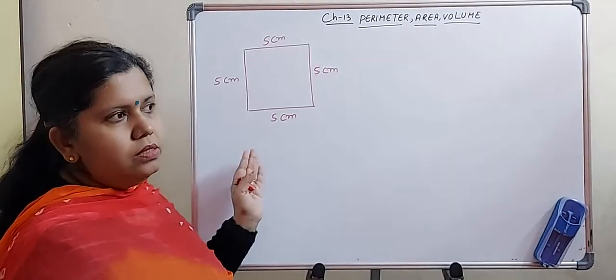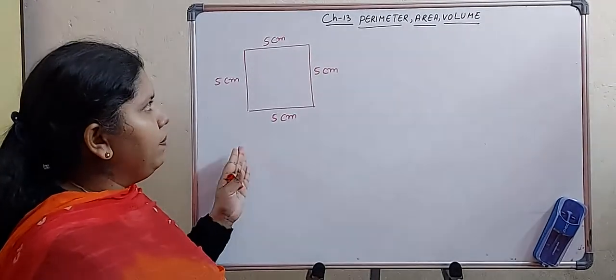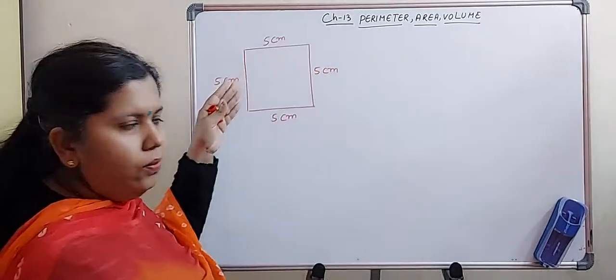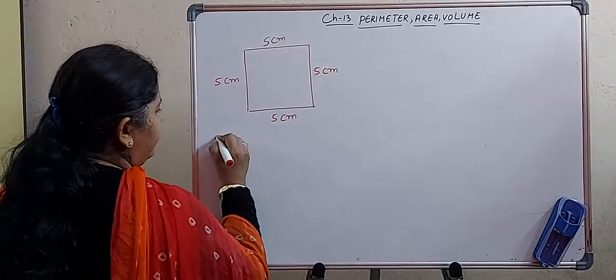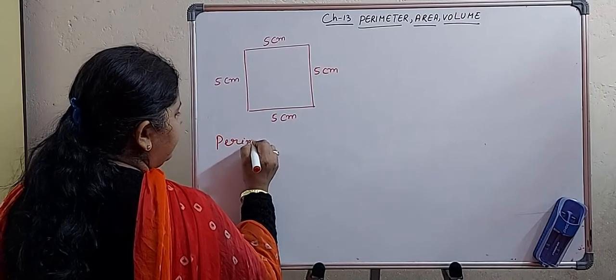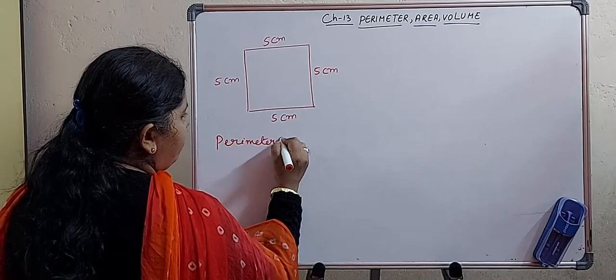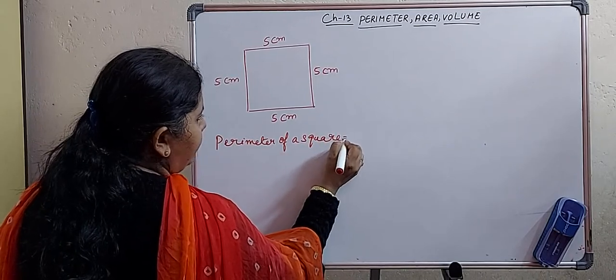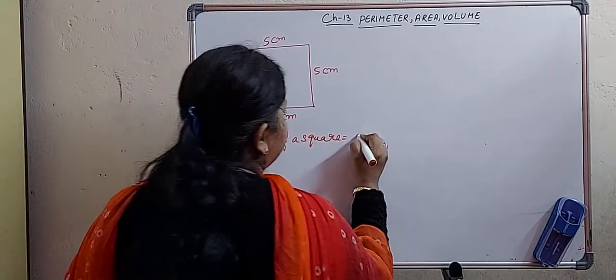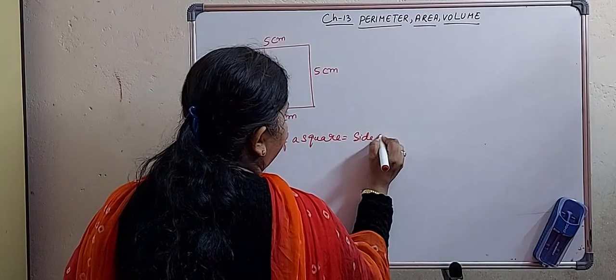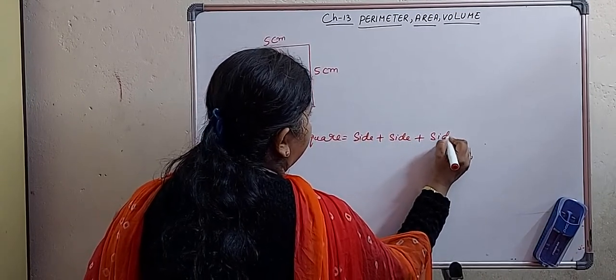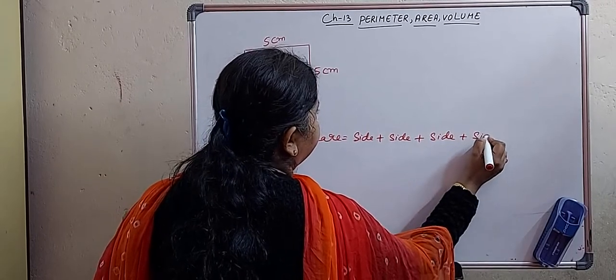So this means if we have to take out perimeter, we will add all the sides, yes or no? So what I will write here, perimeter of a square equal to side plus side plus side plus side.